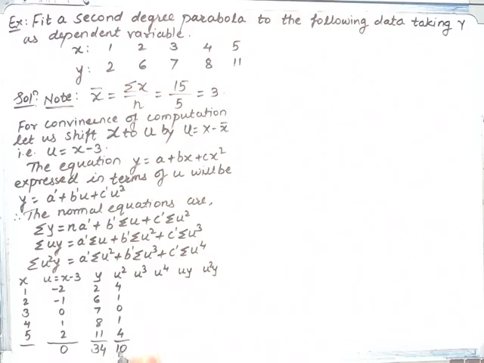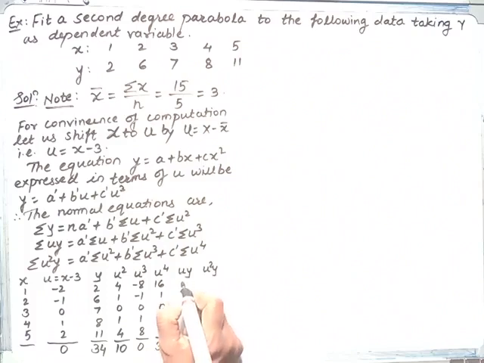And this is 10. Then u cube is minus 8, minus 1, 0, 1, 8. And that sum will become 0. Here u raised to 4: 16, 1, 0, 1 and 16. So that is again 34.